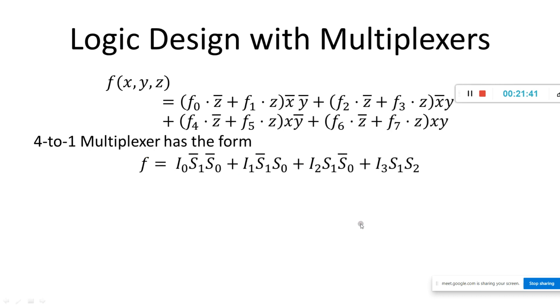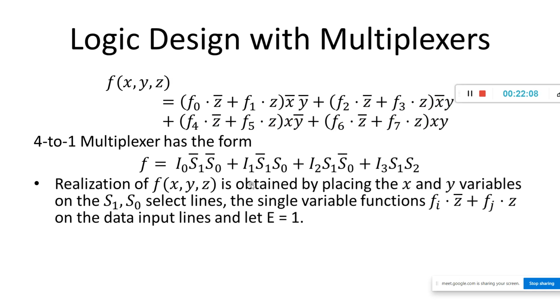So now the same thing we have written here: f0 into z bar plus f1 into z, x bar y bar common; plus f2 into z bar plus f3 into z, x bar y common; plus f4 into z bar plus f5 into z, x y bar taken common; plus f6 into z bar plus f7 into z, x y taken common.